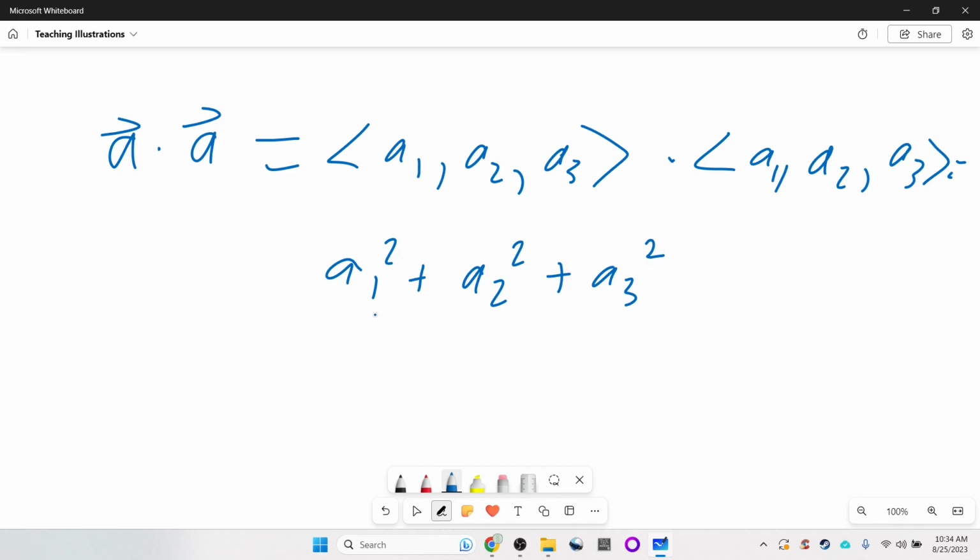Well, if we think of our old Pythagorean theorem, this would just be the length of A, because the length of A is square each one, add them up, and then take the square root. Since we have a square root here, we'll just square it. So A dot A is the same as length of A squared. And we'll have a whole list of all these on the next slide, but I just want to show why that one is, because we're going to need it here.